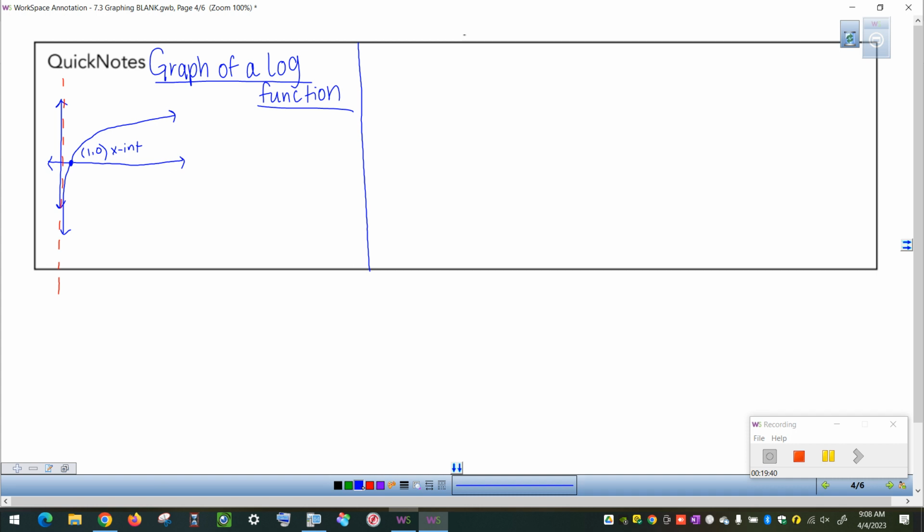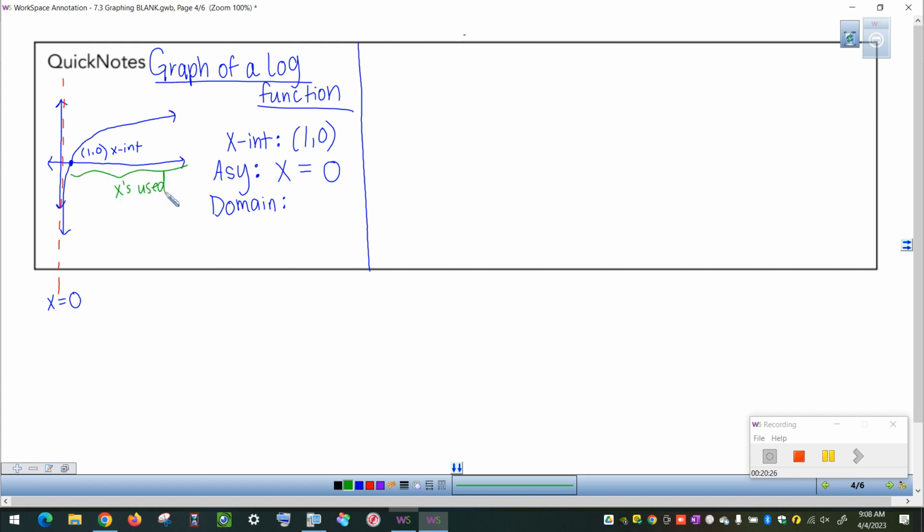All right, so a few characteristics about this function. So again, starting with our x-intercept, it was at 1, 0. The asymptote equation, now we have a vertical line, so it was x equals 0. The domain is referring to the x's that are being used in the function.